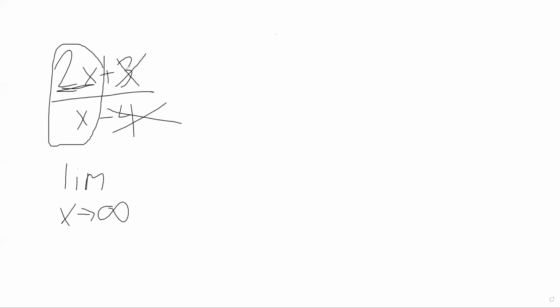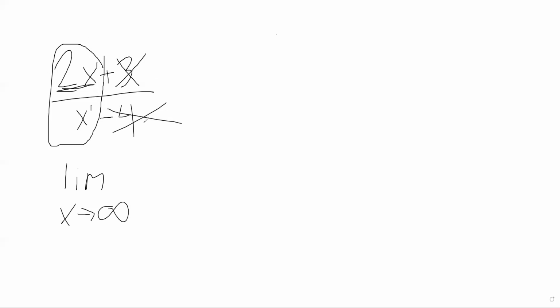And that's a good general rule to follow, is that no matter what you see, whatever x's have the biggest exponent, that's what you want to be looking at. So the rule when the exponents for the x's are the same, because they're both 1 here, is you take the leading coefficients, right? Because we said up here it's going to be like 20 million, and down here it's going to be 10 million.